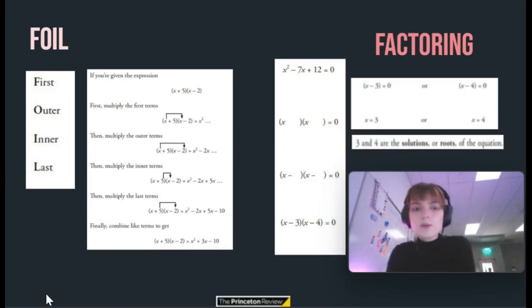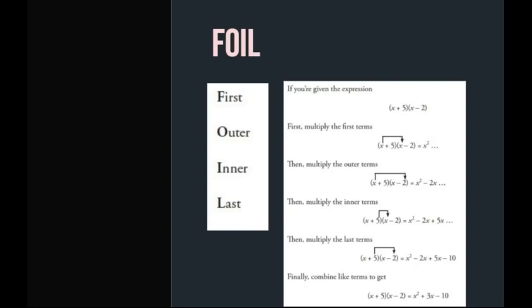The second way that we can interact with quadratic equations is through FOILing. This time we are working in reverse. So if we have the factored form, in our example here, it is x plus 5 times x minus 2. We begin by multiplying the first terms, x times x.